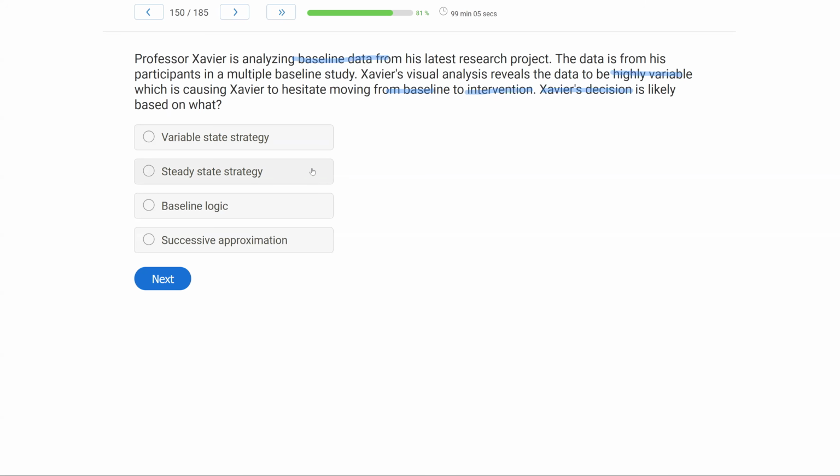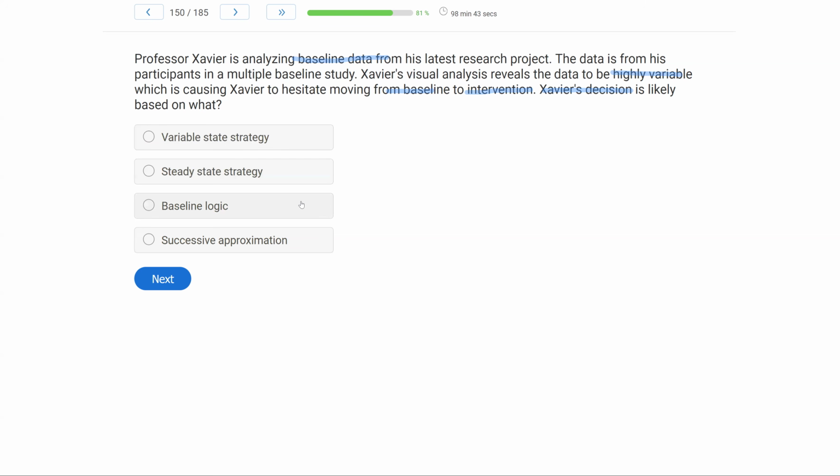And a steady state strategy typically says we want our baseline data as stable as possible before we move into the intervention phase. Now, stable data might be going upwards in trend. It might be going downwards in trend. But the point is we want it stable as possible.